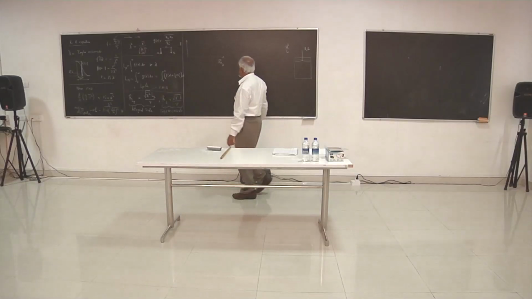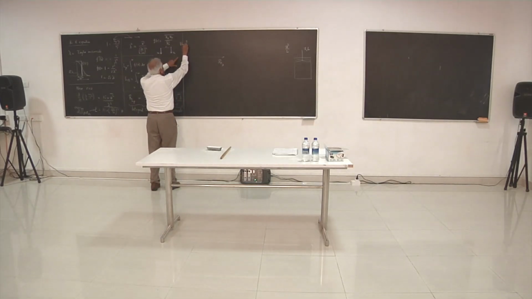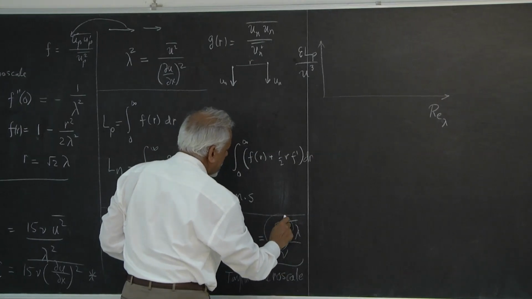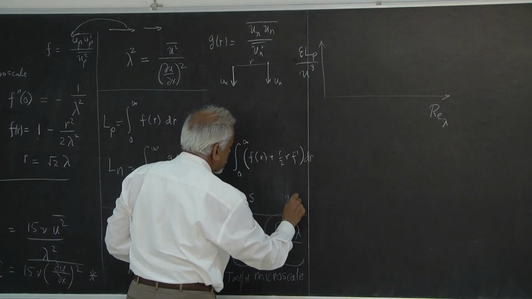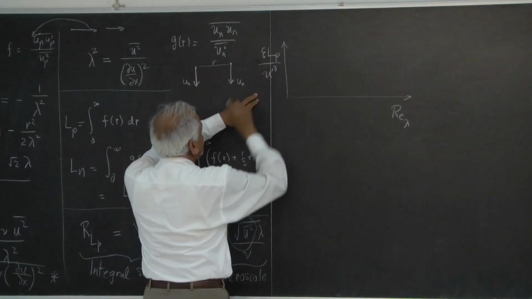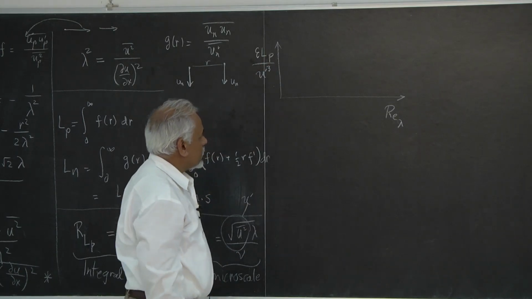So what I am going to do is plot this epsilon LP over U prime cubed. To make it simple, let's call this root mean square velocity U prime from now on. So that's the way to normalize.